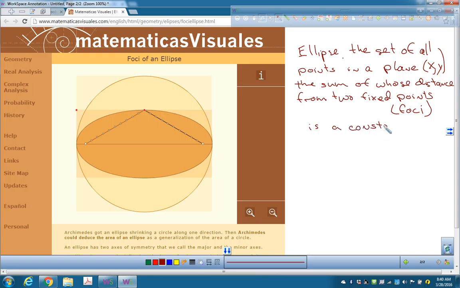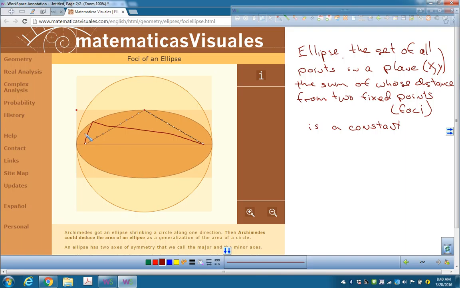Okay? So if I take any 2 points, and it has to be in a plane, not in a three-dimensional area, and I call these 2 points the foci, and I take all the points whose distance from here and here, I add those together, like the distance from here to here and here to here.